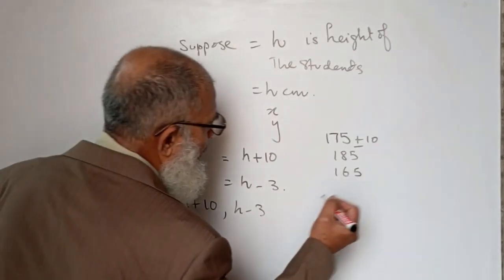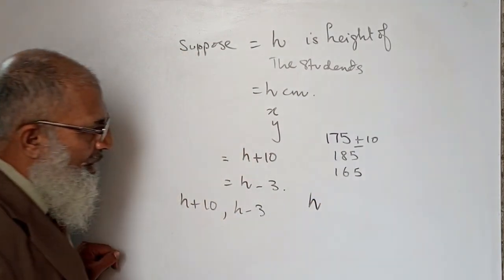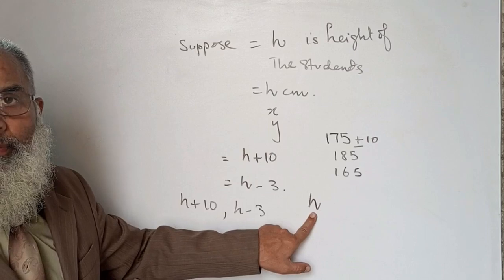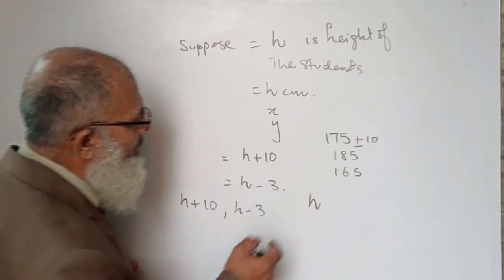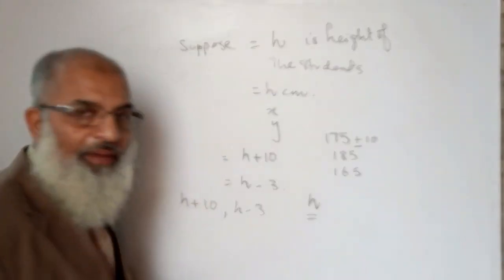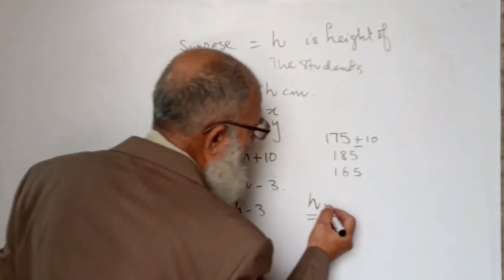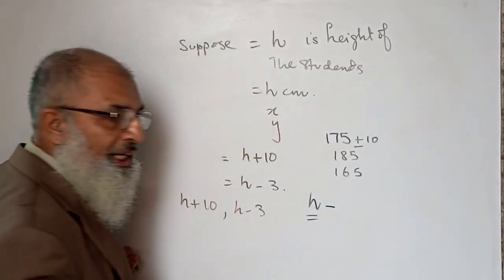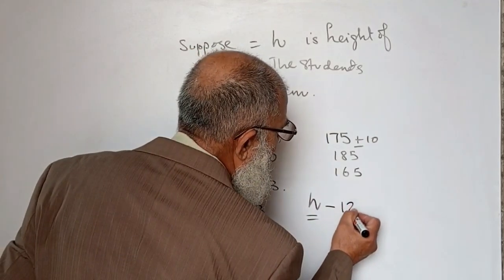Now what does it say? You have to write a height. Now this is an average height. We have to write a height which is 12 centimeters shorter than the average height.